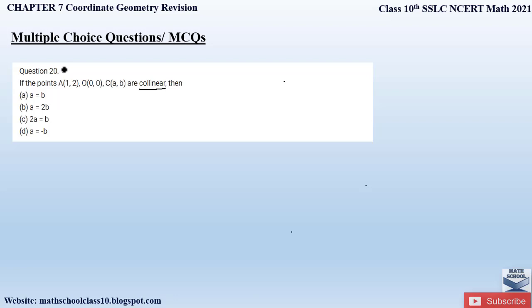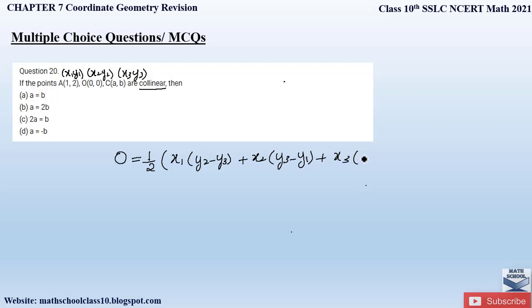So let us take the first vertex as (x1, y1), second as (x2, y2), and third as (x3, y3), and let us apply the formula for area of a triangle. Formula for area of a triangle is given by half into x1 into (y2 minus y3) plus x2 into (y3 minus y1) plus here x3 into (y1 minus y2). So this is the formula.